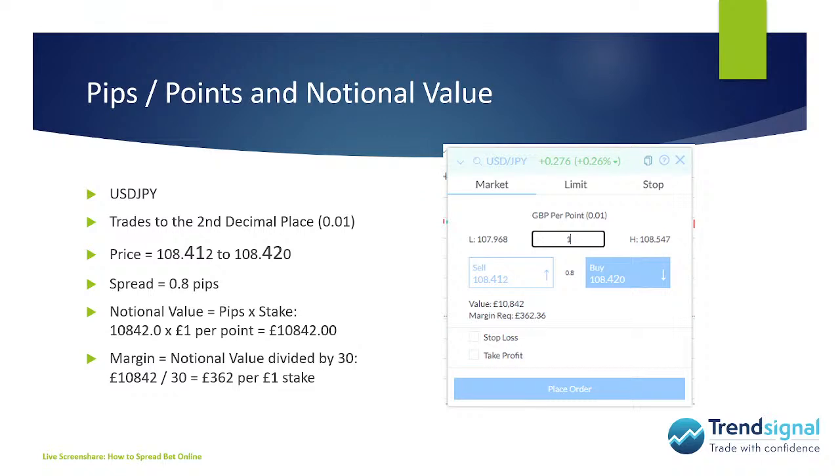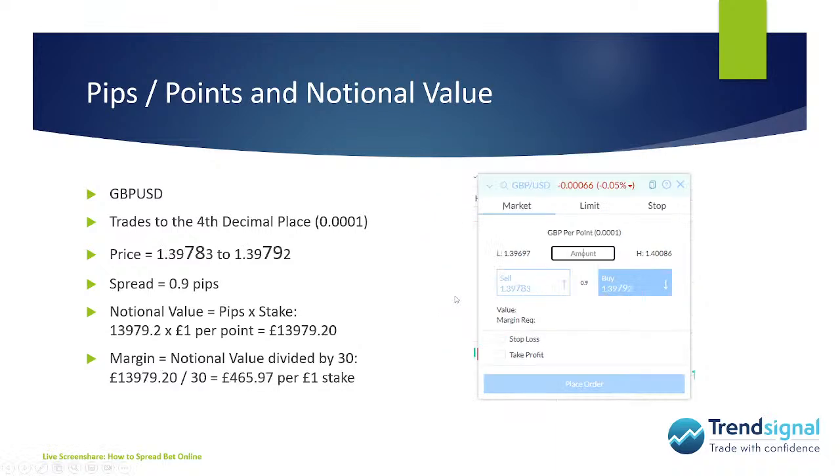Just like that pound dollar example before, the 4th decimal point. The example you've got here could be the same for any of those markets. So it could be the same for Aussie Swiss, New Zealand Swiss, pound Australian dollar, doesn't matter.